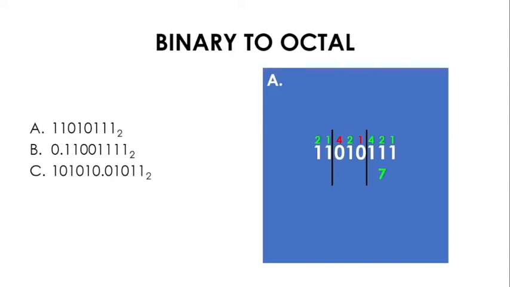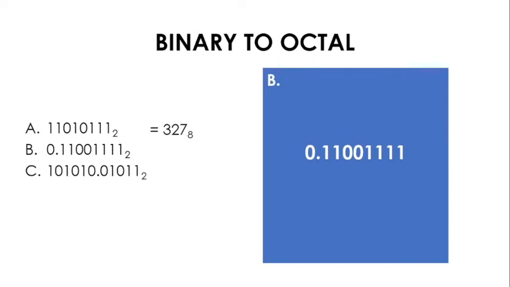For the second group, 010, since the middle bit, the one with a decimal equivalent of 2, is the only bit turned on, the equivalent will be 2, of course. And for the third group, which is 11, their values are turned on and their decimal equivalent will be 3. The octal equivalent of binary 11010111 is 327 octal.